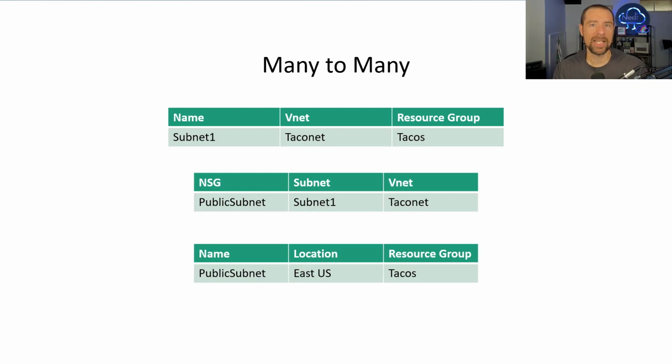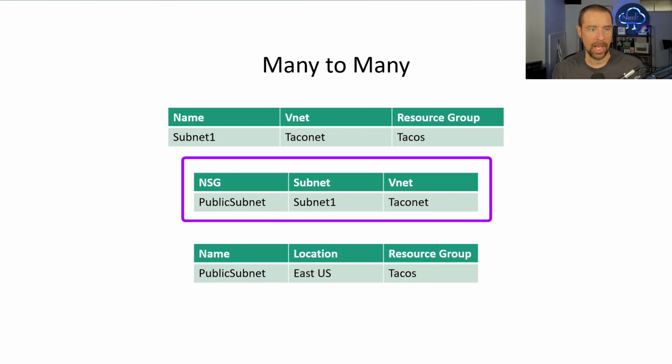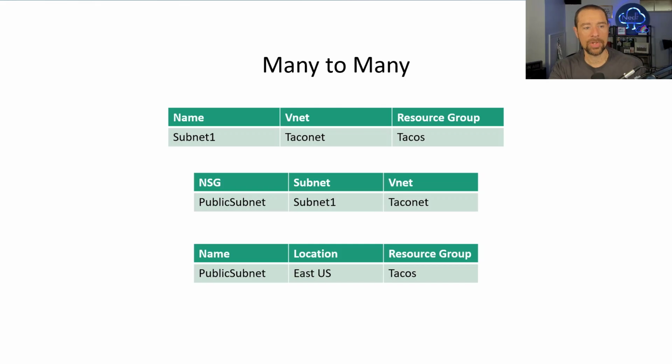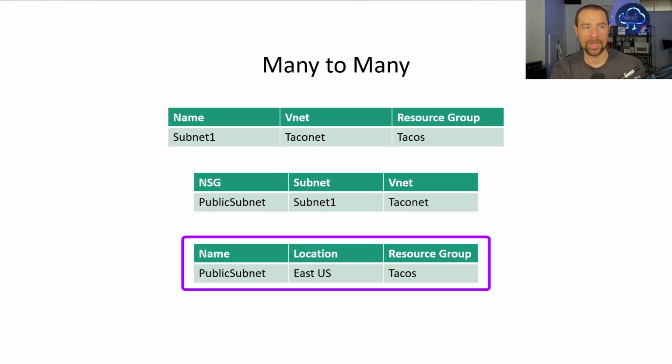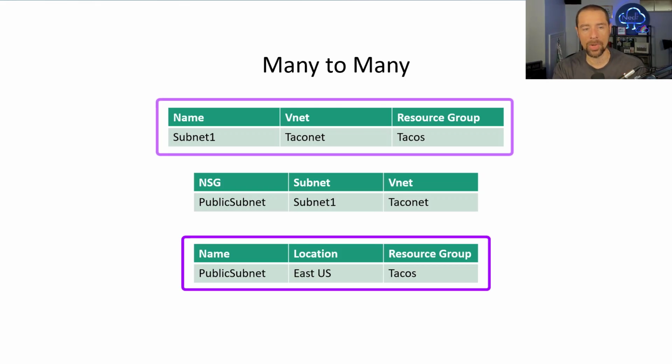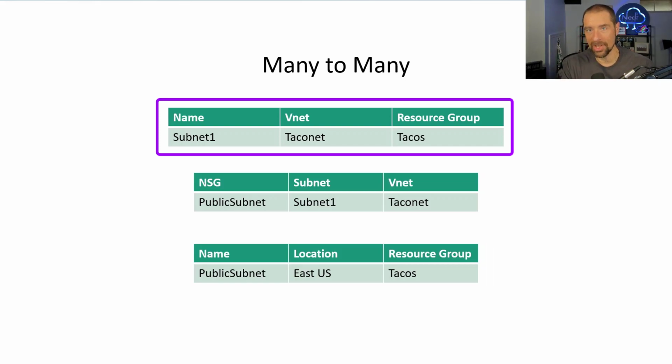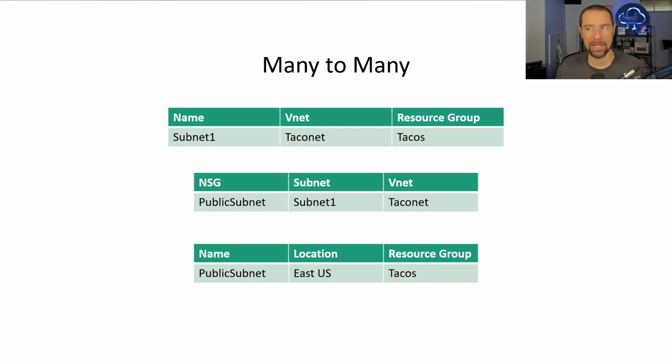Anyway, it's a many-to-many relationship. So what you do is you create an intermediary table that has the relationship of the network security group to the subnet and the VNet, and that's how you identify the subnet. But separately, the network security group exists as its own resource and the subnet exists as its own. So you have to build a third table in here, a relationship table that does the mapping between them.